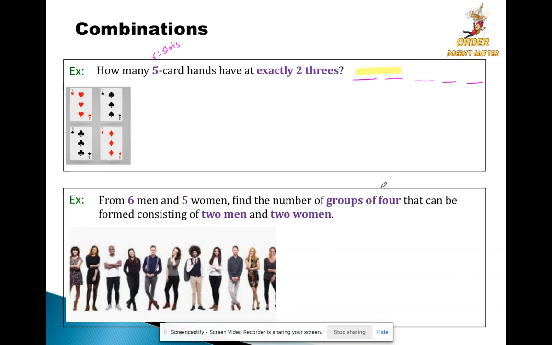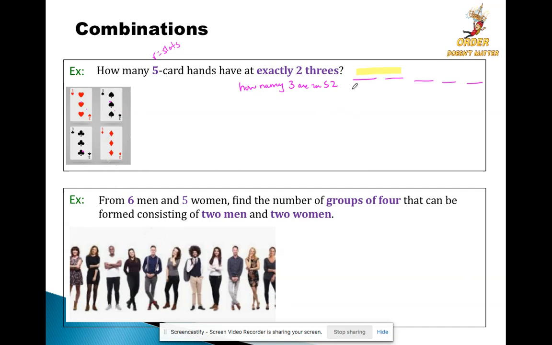Well, question. How many 3s are there in a deck of how many cards? There are 4, right? 1, 2, 3, 4. There's the 3 of hearts, 3 of spades, 3 of clubs, and 3 of diamonds.